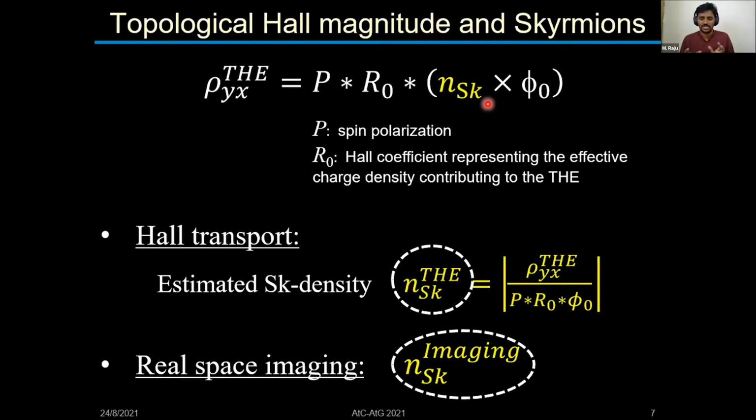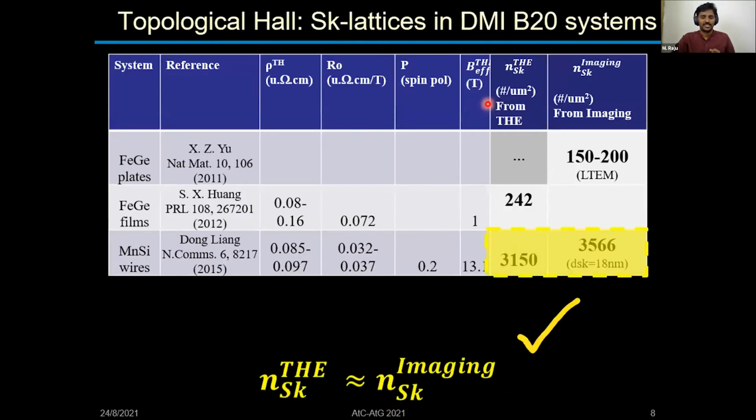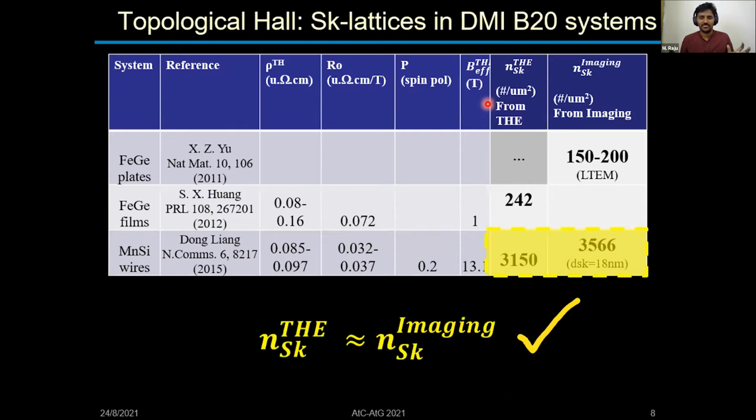So one can approach the density of these spin textures with two different experimental tools. That combination really gives a powerful way of understanding the phenomenon in these systems. When we combine real space imaging and transport, for example for B20 skyrmion crystals, the density estimated from the transport experiments, which I call n_SK-THE, approximately matches the density estimated from imaging experiments.